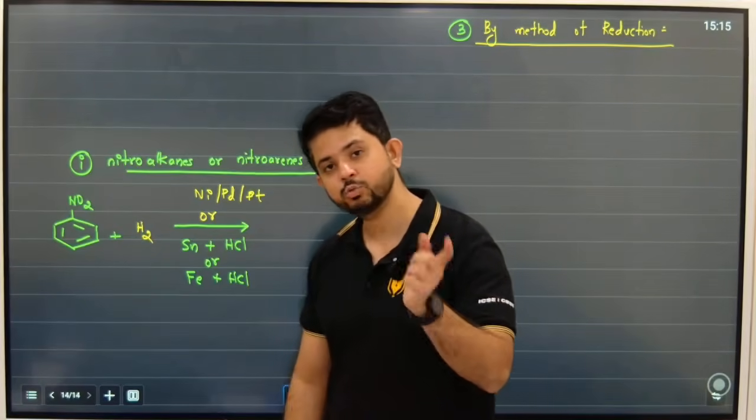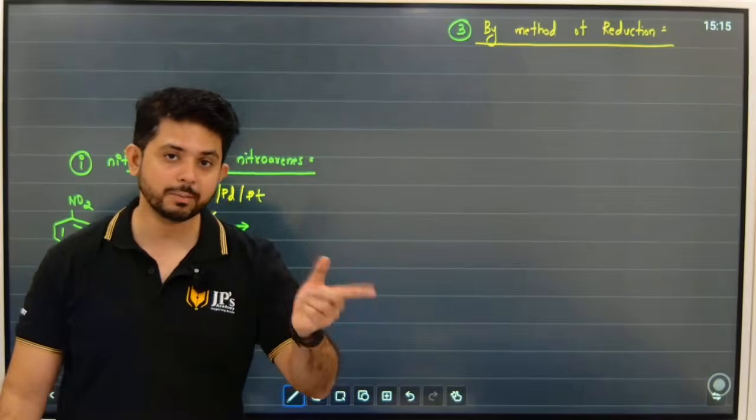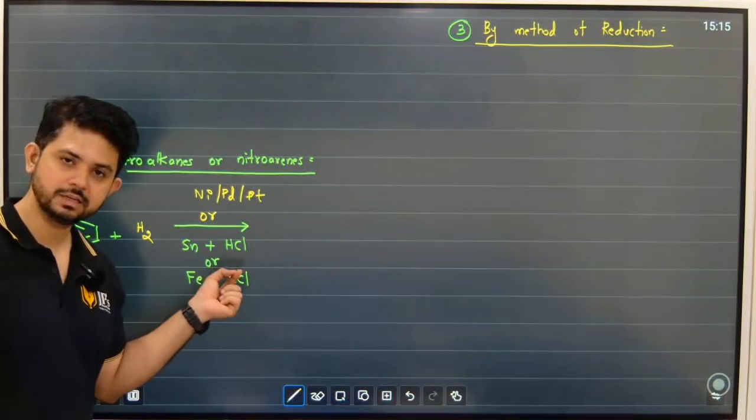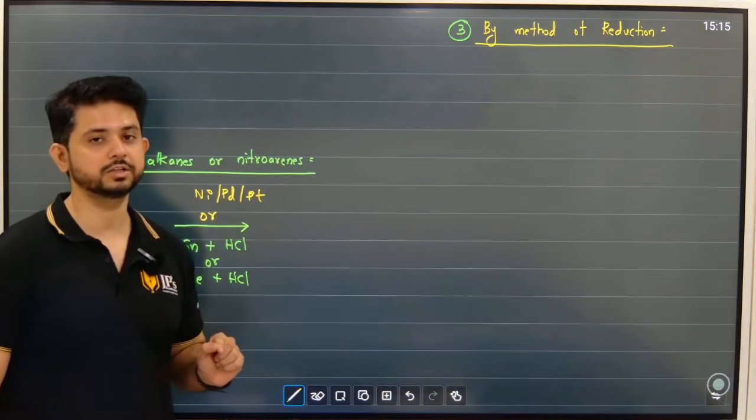That FeCl2 can be further hydrolyzed and you get HCl. So even a small amount of HCl can help in the reduction process.